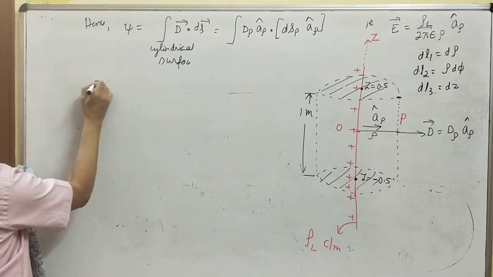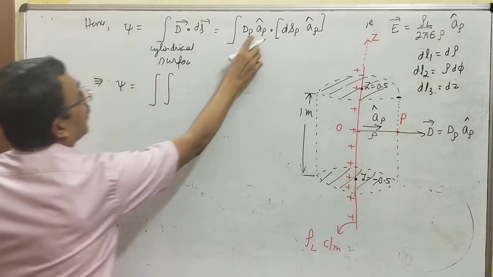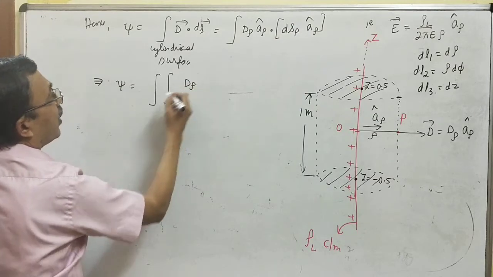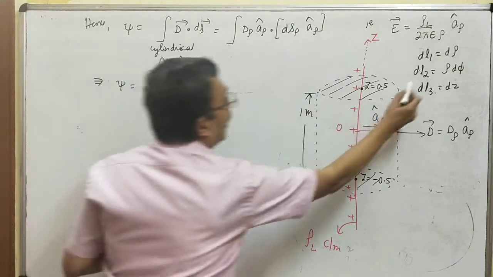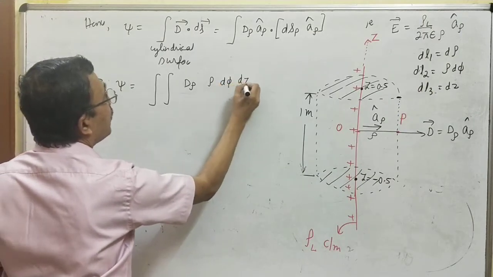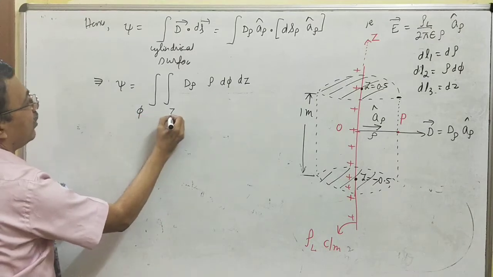This implies psi is equal to double integral a rho cap dot a rho cap is 1, D rho, what is dS rho? dl2 into dl3. Therefore, this is rho into d phi into dz.